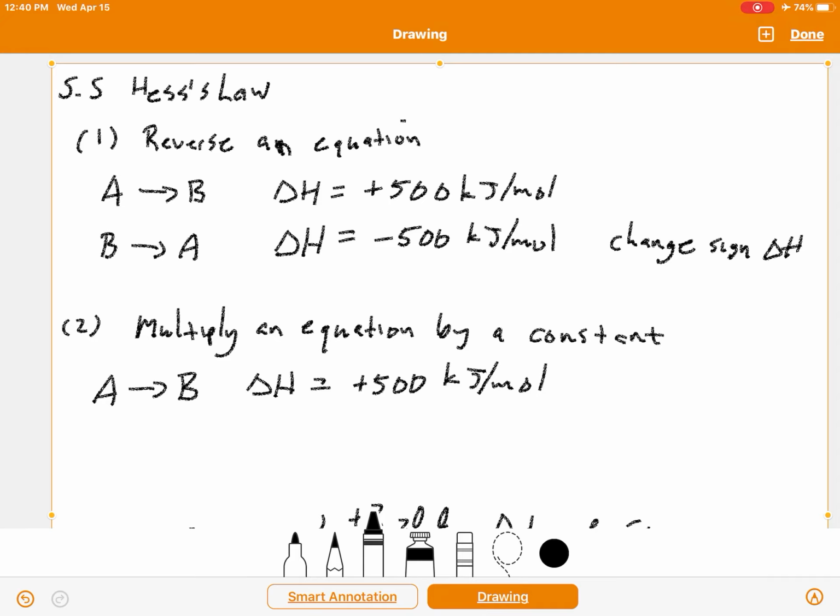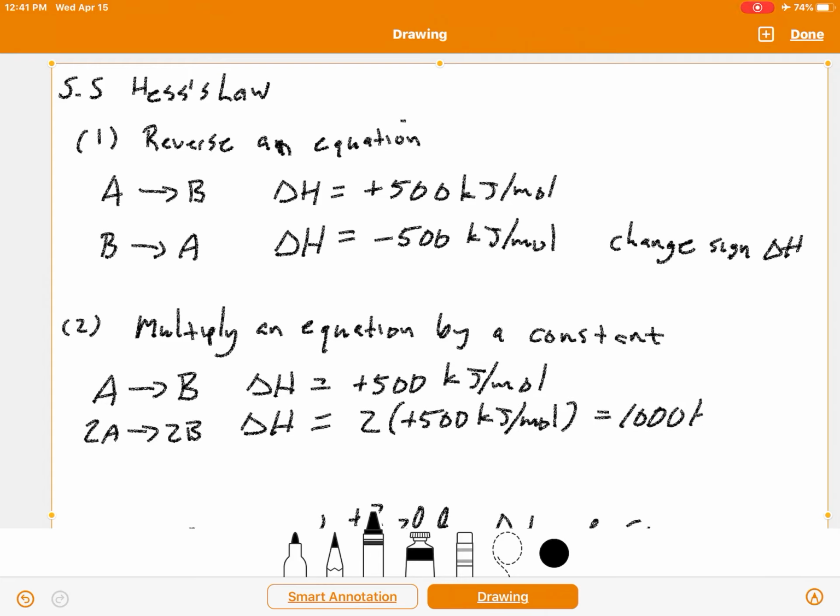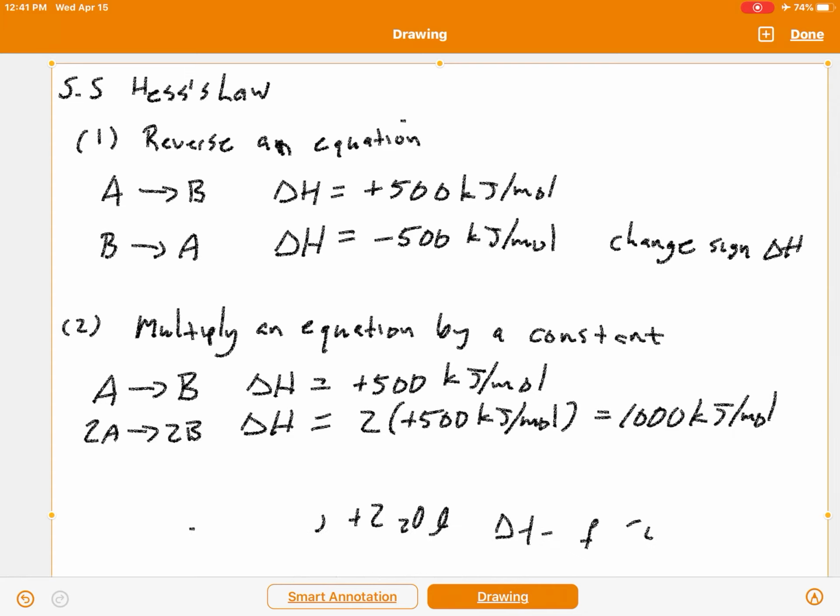Let's say I want to multiply the equation by 2 and make it 2A goes to 2B. All we would do is multiply delta H by the same number. Okay? That's all we're saying. If you multiply the equation by the constant, you multiply delta H by the same constant.